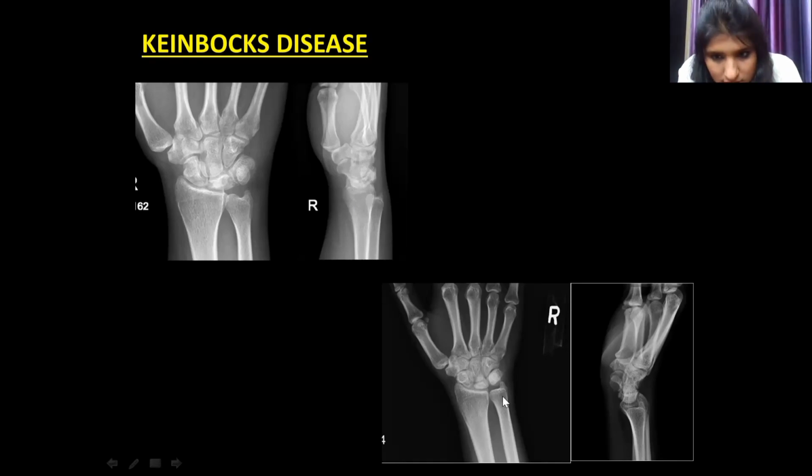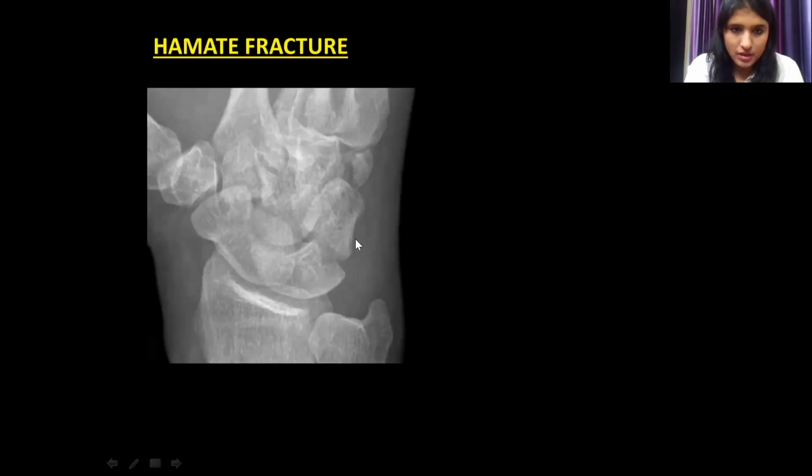And now if we see the second set of images over here, we can see that there is subtle sclerosis on the lunate bone. And here on the lateral projection, you can see this fracture line here and this separated fracture fragment in the coronal plane. So Kienböck's disease is basically avascular necrosis of the lunate, in which we'll see fragmentation, sclerosis, or volume loss of the lunate bone.